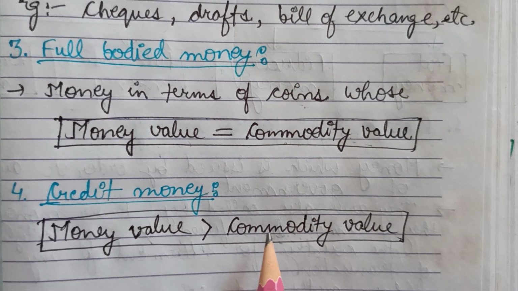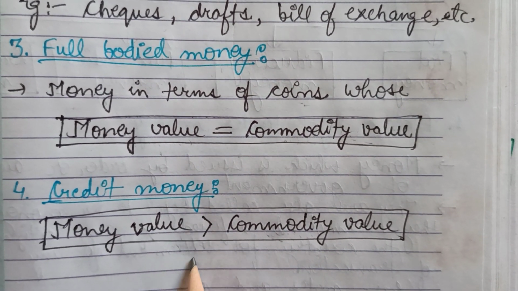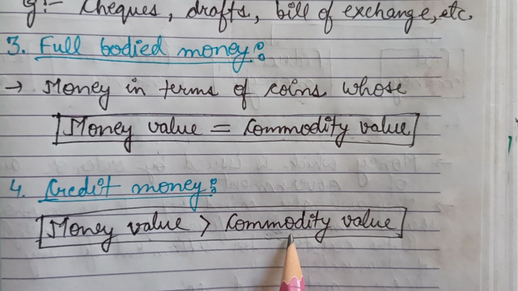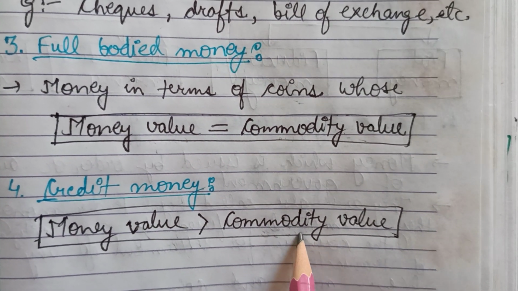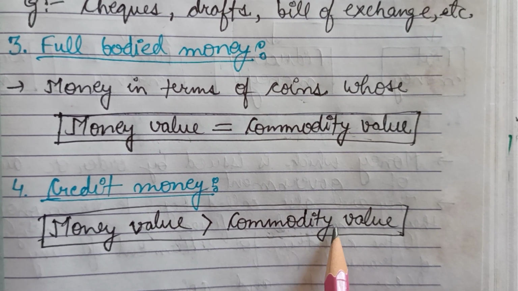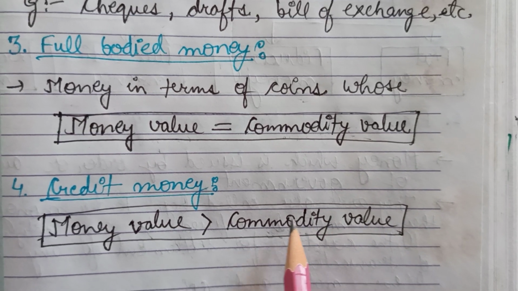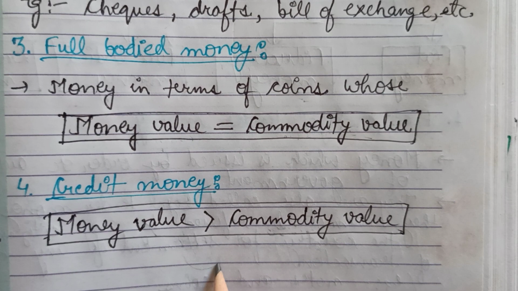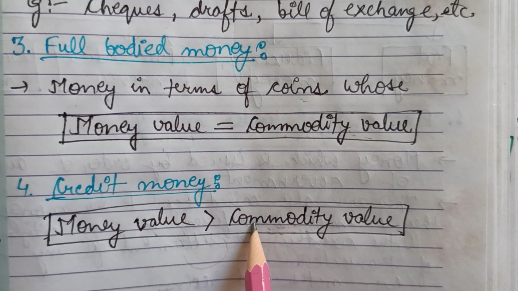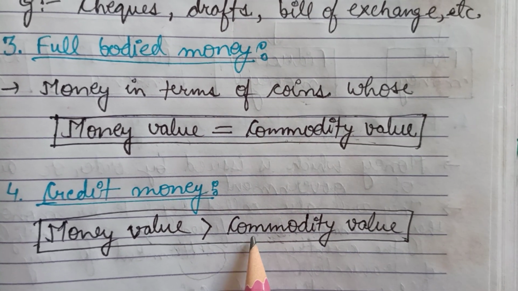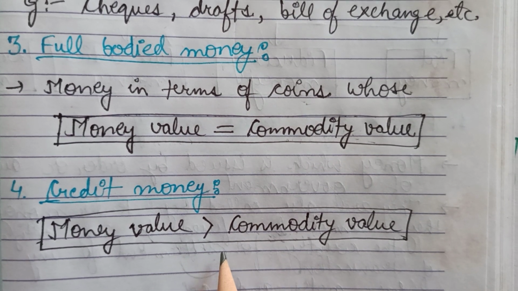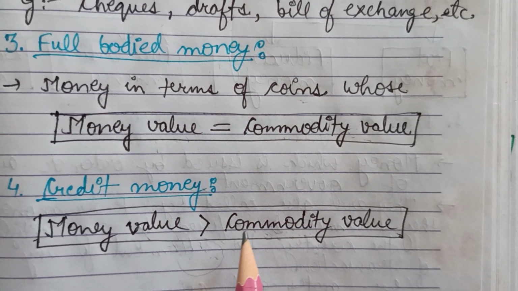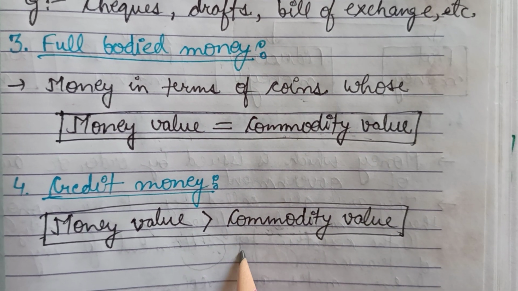Because if the money value is less than the commodity value, what will people do? People would melt the coins and sell the metal in the market at a price greater than rupee 1. For example, I have a rupee 1 coin and the commodity value, that is the market value of the material of which it is made, may be more than rupee 1, say 1.5.